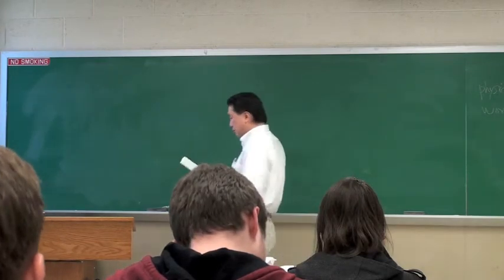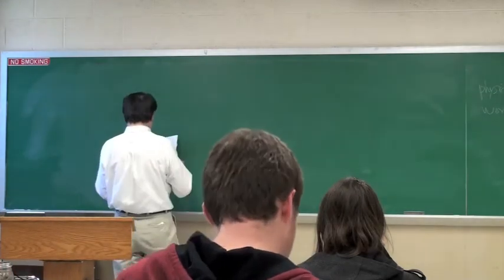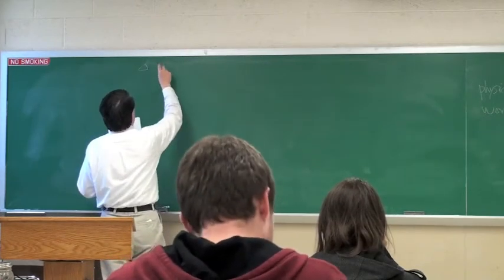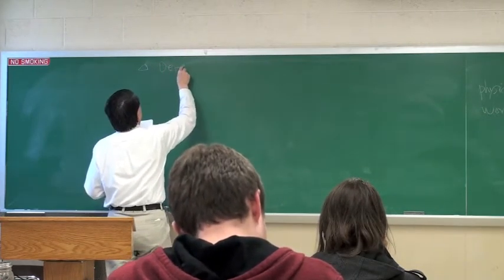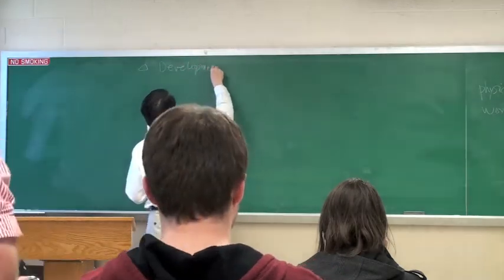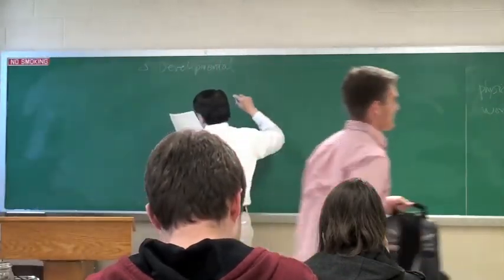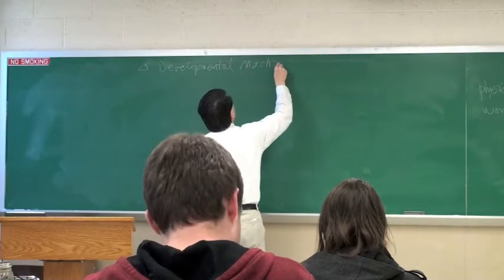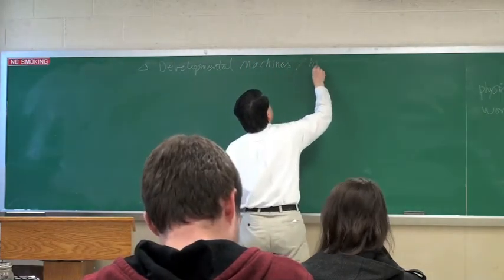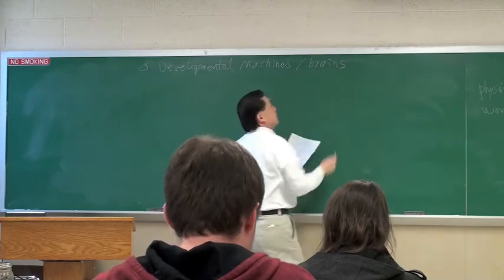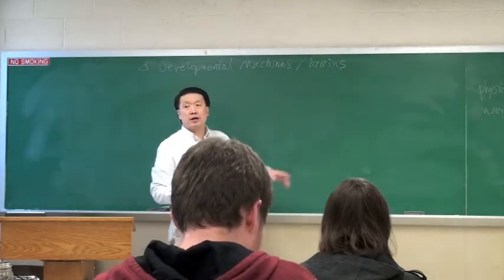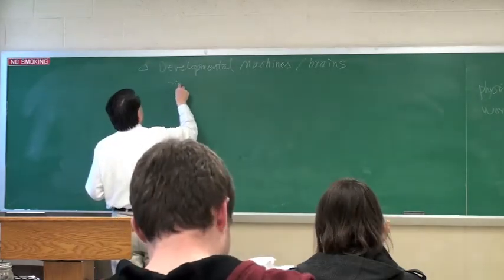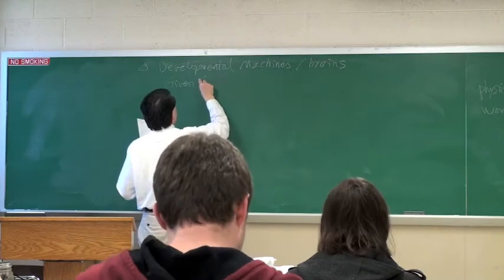All right. This paradigm is new. We say that this diagram is for developmental machines or brains. All right, and it's different from there. Let's see what happens. So your program is given the body.